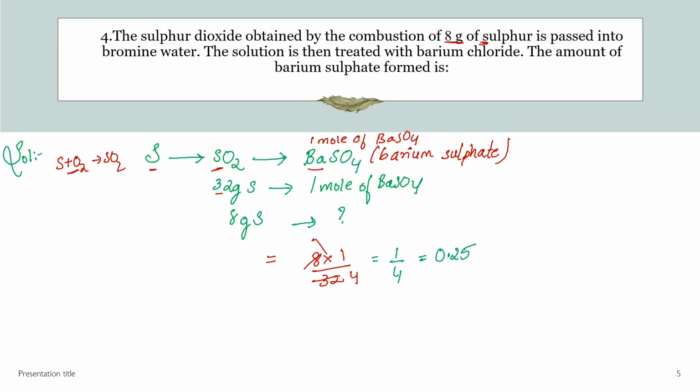So the amount of barium sulfate formed by it is 0.25 gram moles. So the required answer is 0.5 grams.